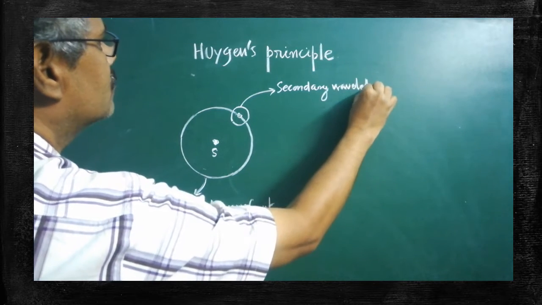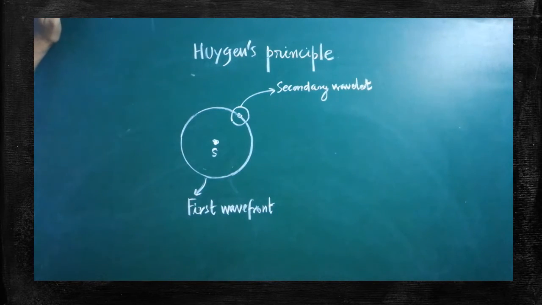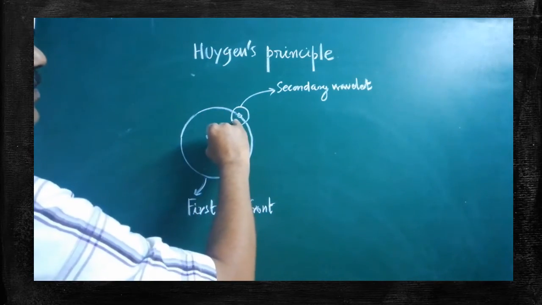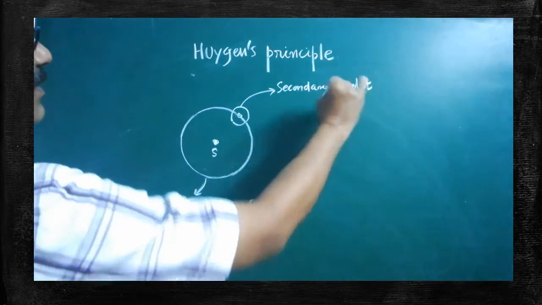If anything is too small, that can be called a wavelet. For example, if a leaf is too small, we call it a leaflet. If a water drop is too small, it is called a droplet. Like that, the wavefront is too small, that's why this is called a secondary wavelet.